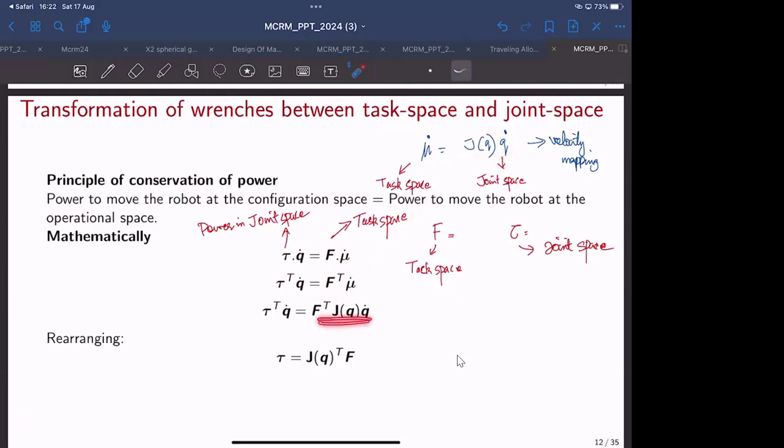So I'll get this equation. And if I cancel the q dot expressions here, you can actually find the equation for tau. Tau would be J transpose F, or F would be J inverse transpose tau.